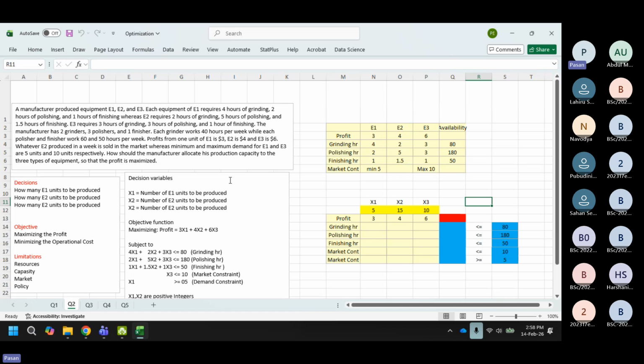We are looking into the grinding, polishing, and finishing. Those are the three major things that we have to do for each production. So in order to produce each item, you need grinding and then polishing and finishing, right?